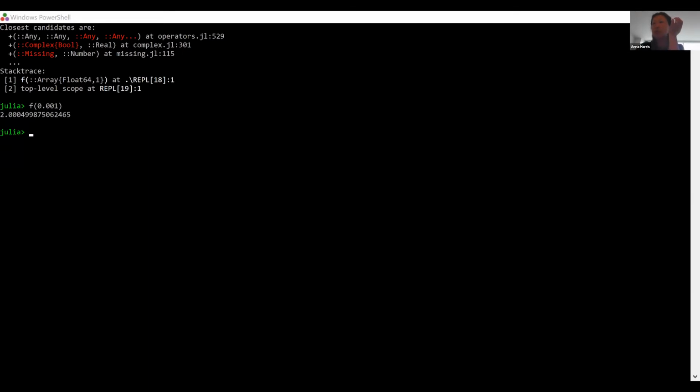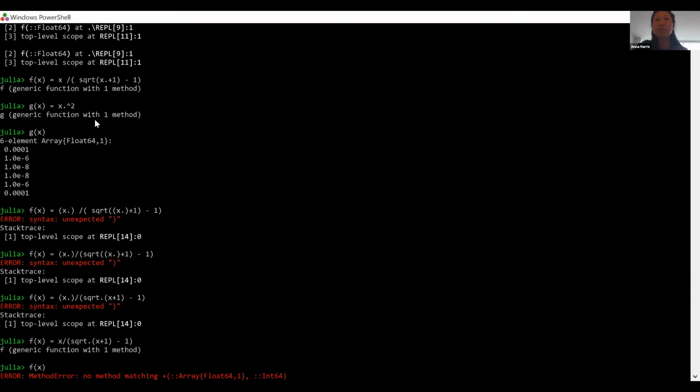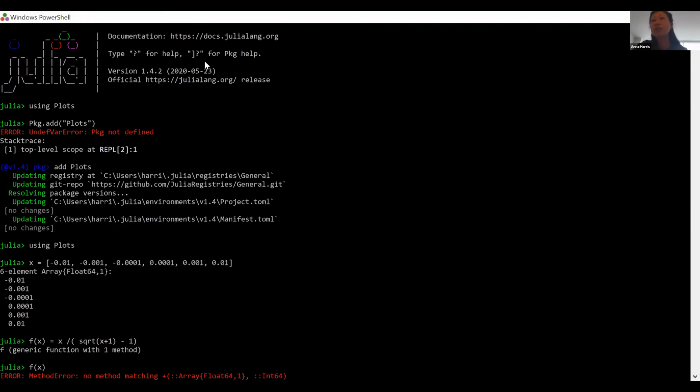If you install packages, libraries, okay, you use the bracket. You see this bracket?